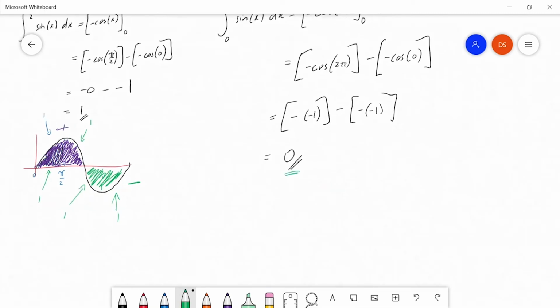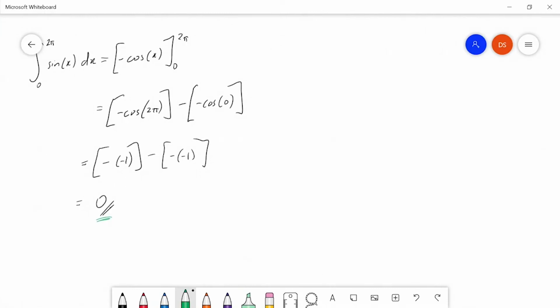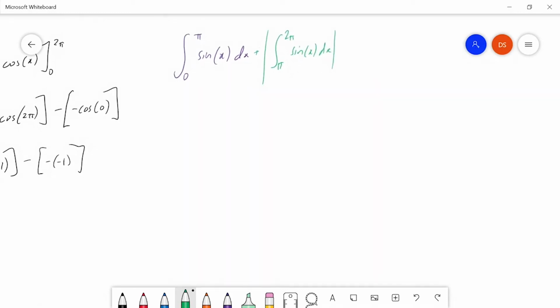So if we did want the area between this curve and the x-axis, and we wanted that answer of 4, we need to change this integral into 2 integrals. One from 0 to pi of sine of x dx, and then another from pi to 2 pi of sine of x. But we know that this second integral is going to be negative, so we take the absolute value of it.